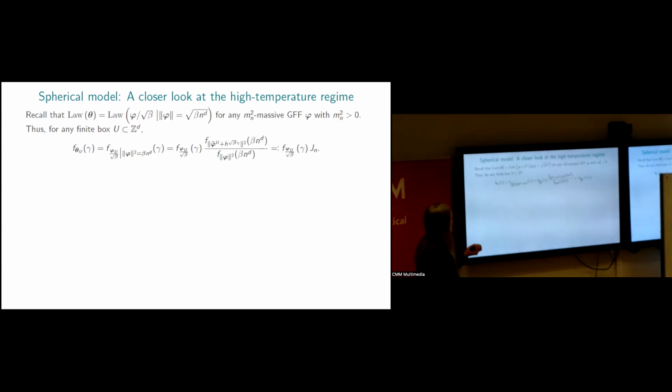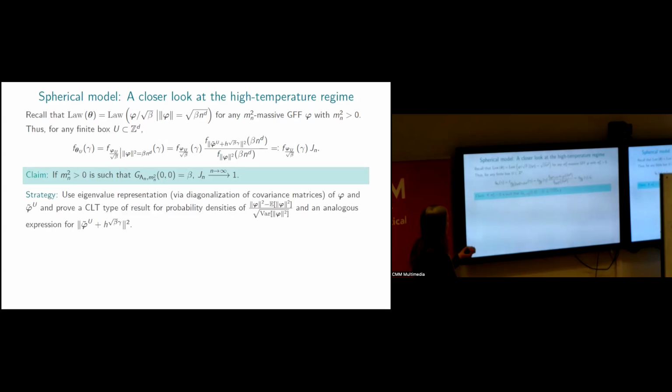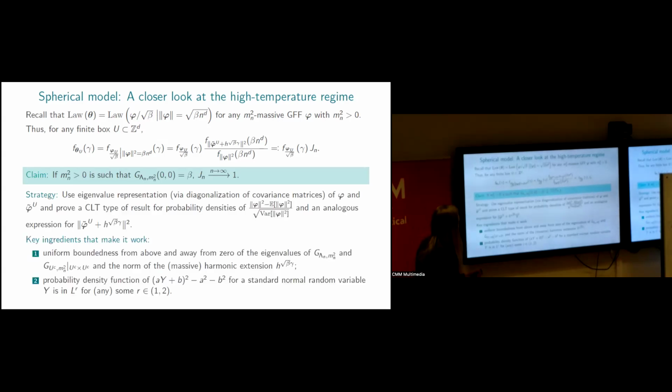Okay, so for the high temperature regime, basically the proof is quite simple. We proceed through densities. Actually we showed the result not just in law, but for the density functions. So the idea is, we know that the spherical model has the law of this conditional GFF. We rewrite it nicely using the domain Markov property of the GFF.